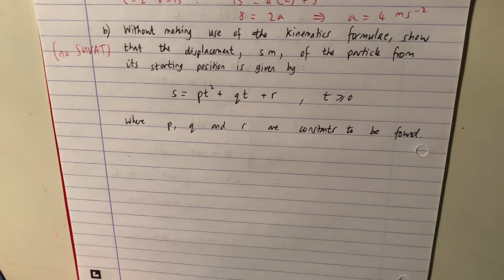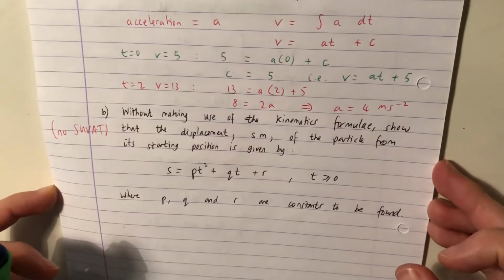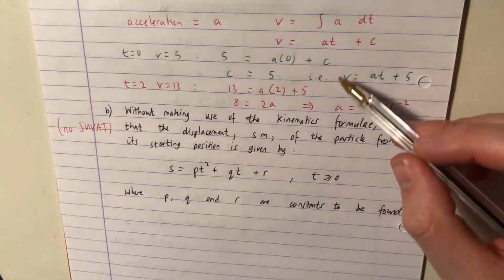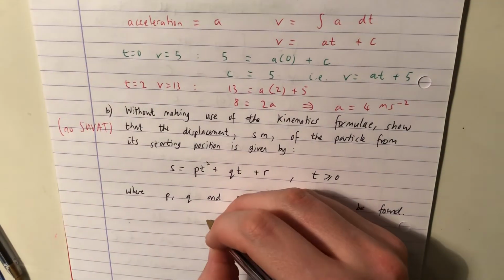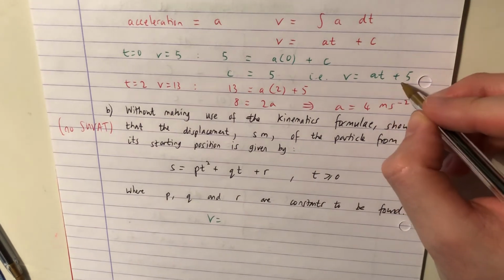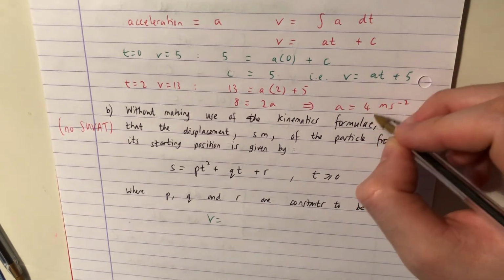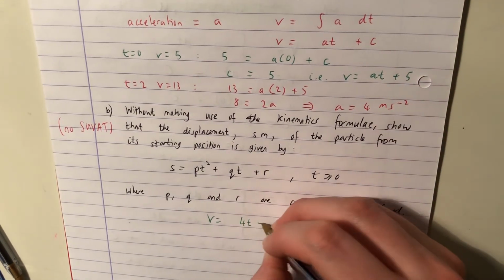So I will need to use something from the previous question. If you remember, I had a formula for velocity there, which was almost finished. So that formula for velocity is at plus 5, and I worked out a to be 4, so that would be 4t plus 5.